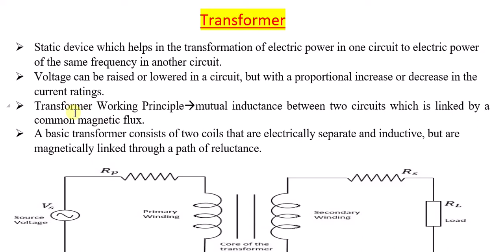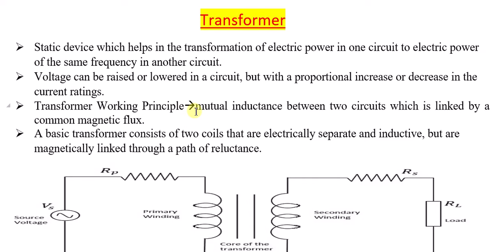Now a very important thing will come into the picture: the transformer working principle. On what principle does the transformer work? I have already told you, if you remember, in the mutual inductance tutorial that the application of the mutual induction concept is in the transformer.